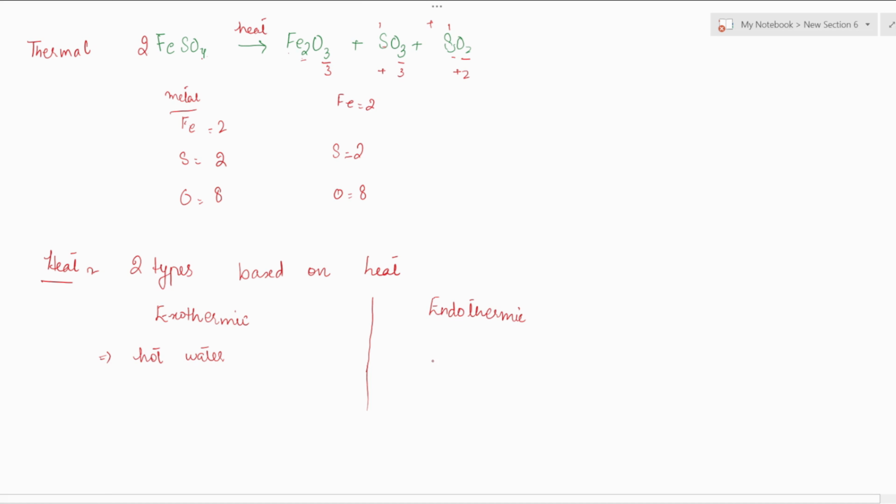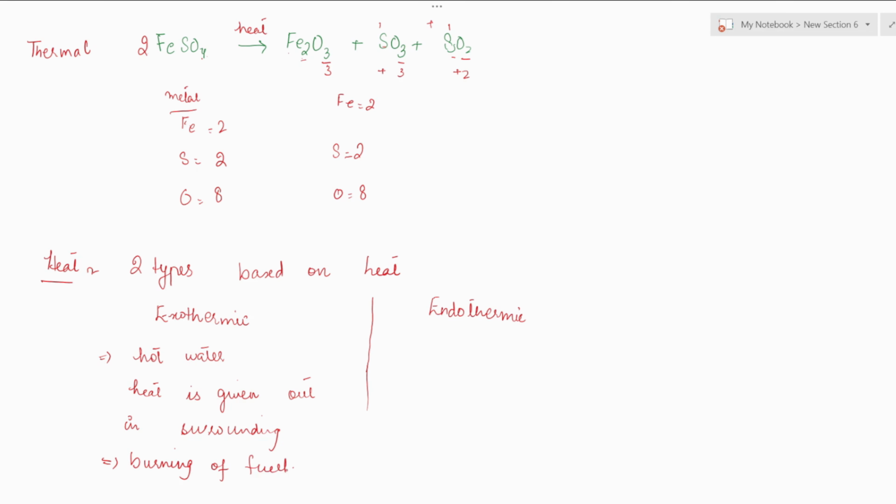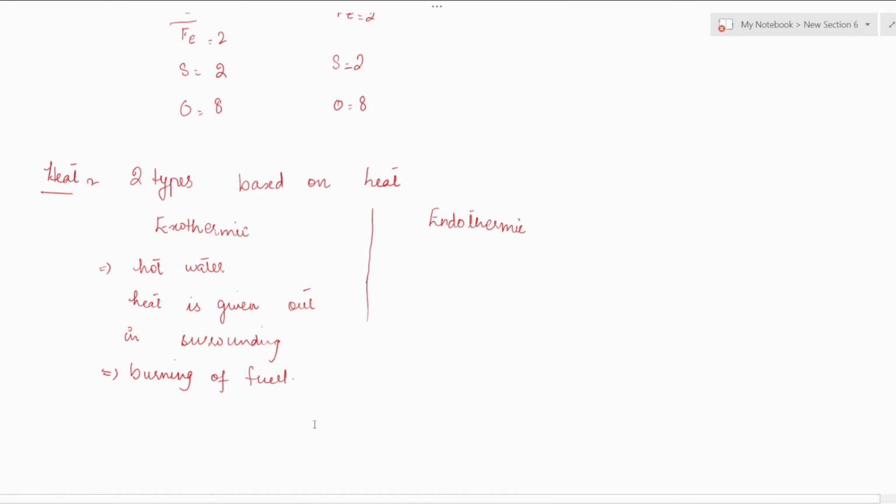Otherwise I'll be giving very scientific examples. So heat is given out in the surroundings. I'm giving you a very common example. Combustion, burning of fuel. This one is exothermic, because carbon dioxide is released, and the production of carbon dioxide is itself an exothermic process.